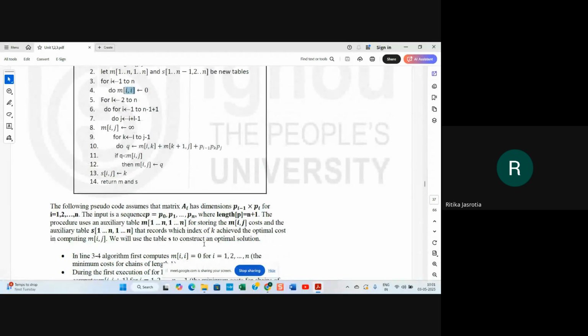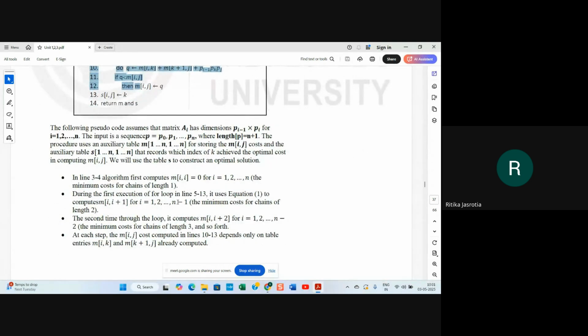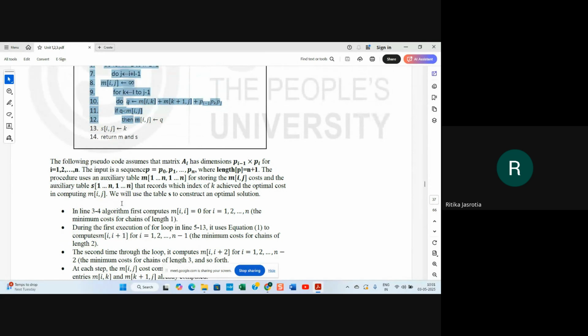In the next for loop, the first execution computes m[i, i+1] for i equal to 1 to n minus 1, the minimum cost for chains of length 2.